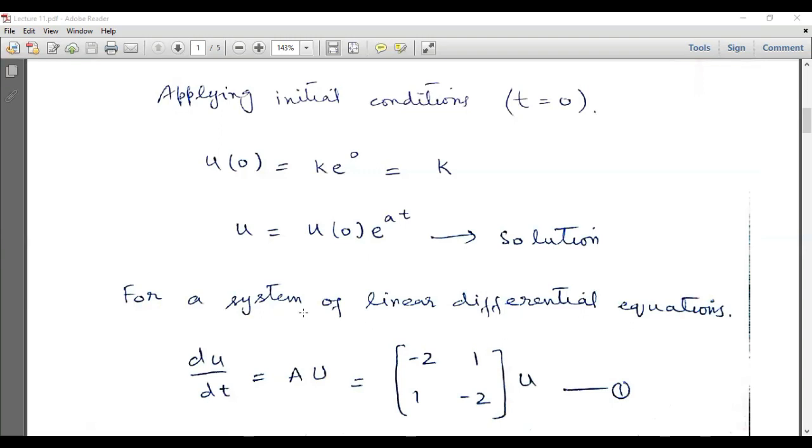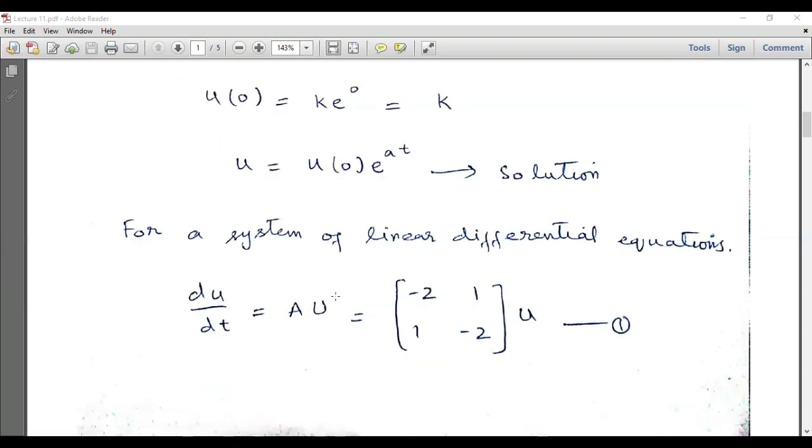Now suppose we have a system of linear differential equations, then those system of linear differential equations can be written in the matrix form as this. So here we have actually two differential equations. First differential equation is du1 over dt equal to minus 2u1 plus u2, and second differential equation is du2 over dt equal to u1 minus 2u2.